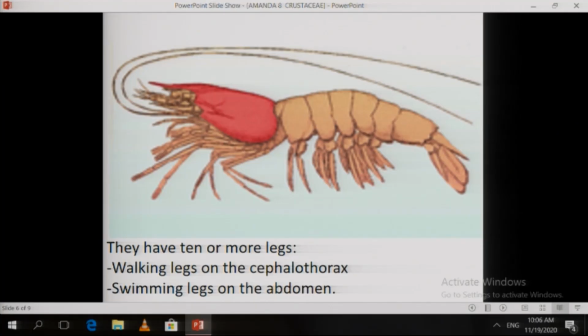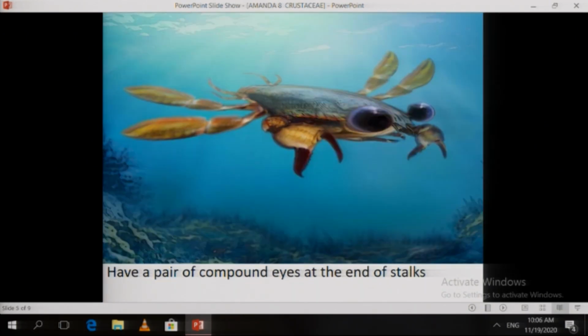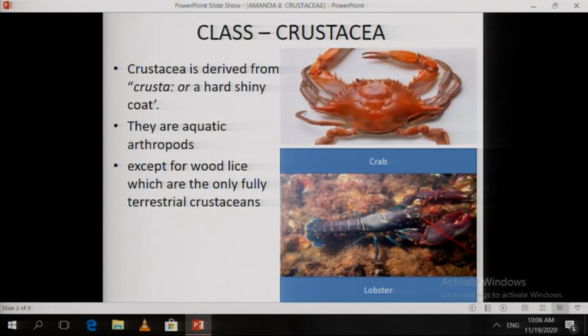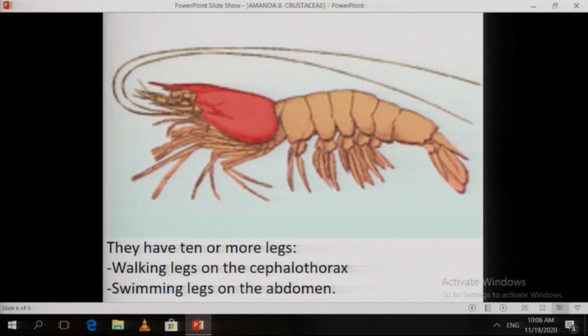Another thing, I was talking about the legs. And I told you that the number of legs varies from 10 onwards. They possess 10 or more than 10 legs. Look on the screen there and try to analyze the number of legs, all right? This is the abdomen with many of the legs there.